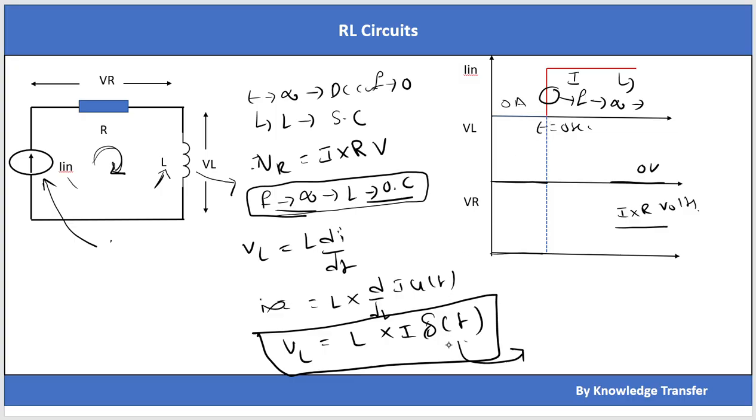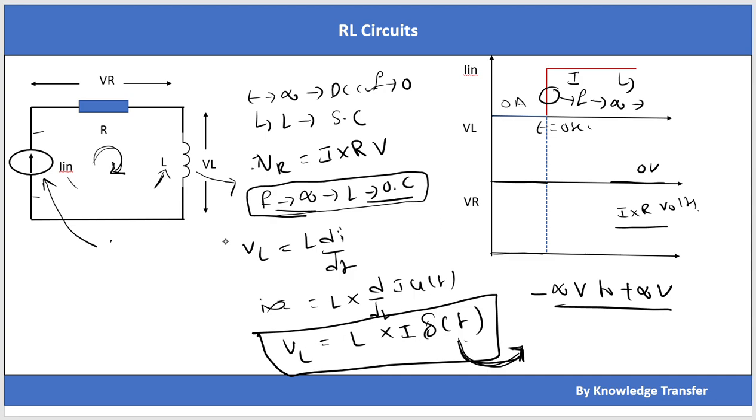So let's see whether this delta of t voltage can be applied by the current source. We know that the current source can swing the voltage across its terminals from minus infinity volts to plus infinity volts, so this impulse voltage can be provided by the current source.